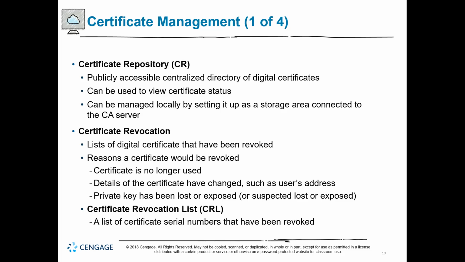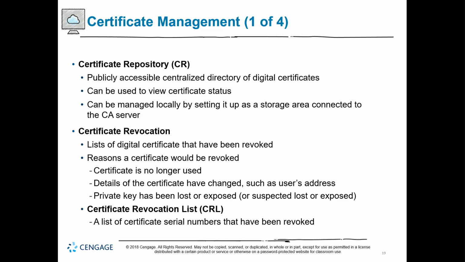What's interesting here is we also have a certificate revocation. This is a list of certificates that have been revoked. Reasons certificates are revoked are typically they're no longer valid. The dates are no longer correct. Details of the certificate have changed, such as maybe the address or the domain name, or a portion of the domain name has been modified, things like that.